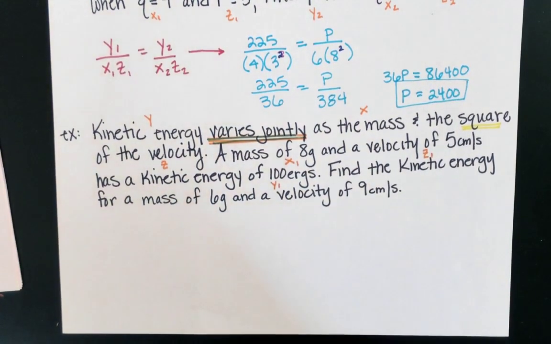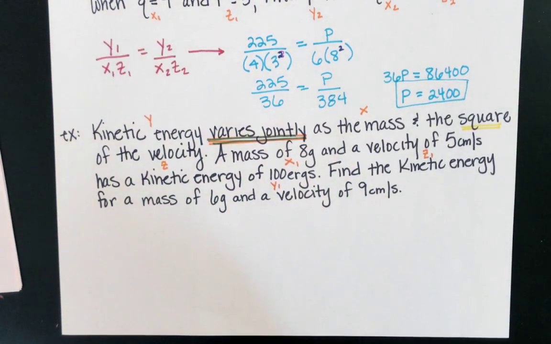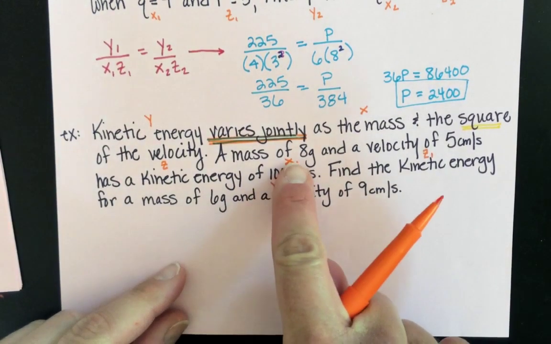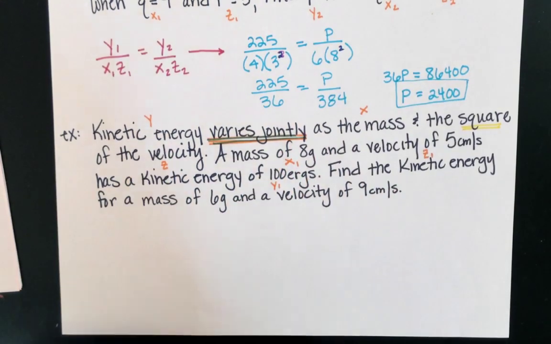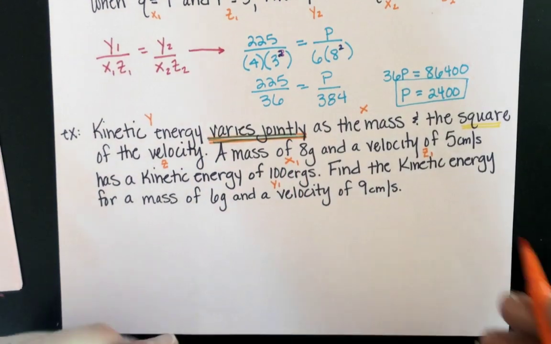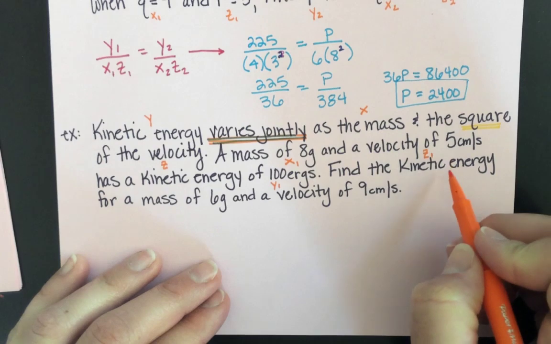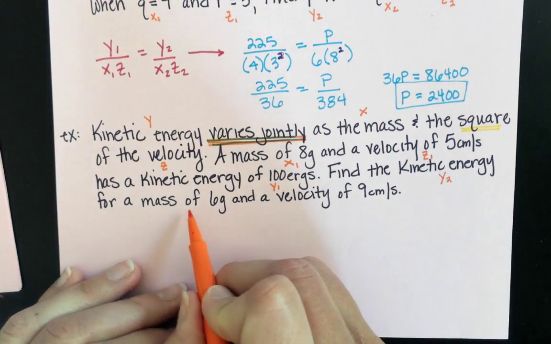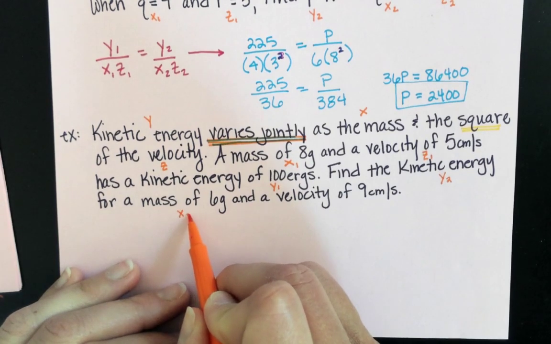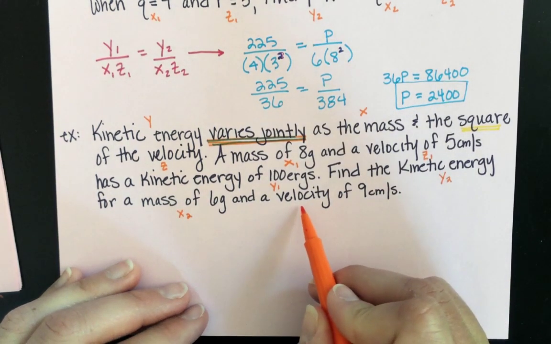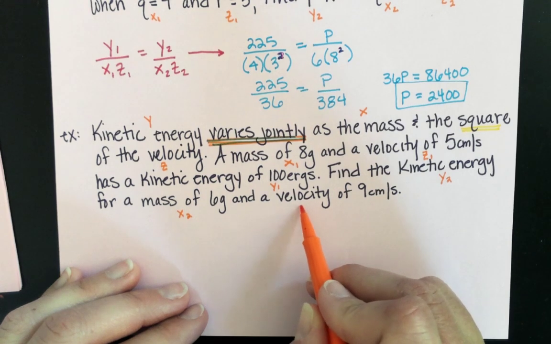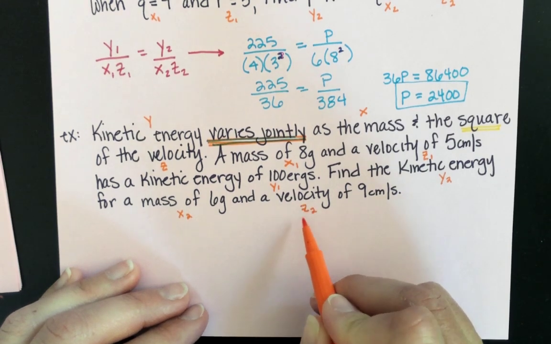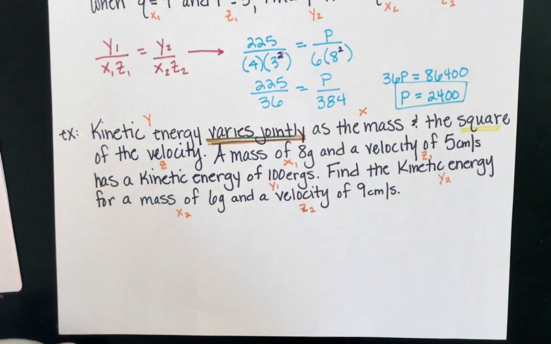So it's a little different, they rearranged them, but make sure that you're still looking at what you labeled them initially. We want to find the kinetic energy on something that has a mass of only 6 grams, and we know that its velocity, suppose if it's lighter, it should go faster, is Z2.